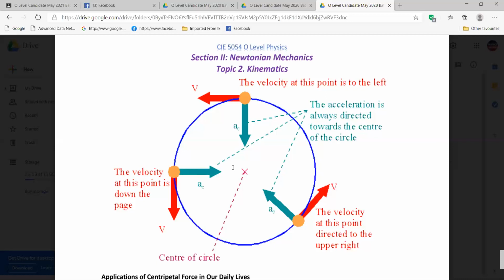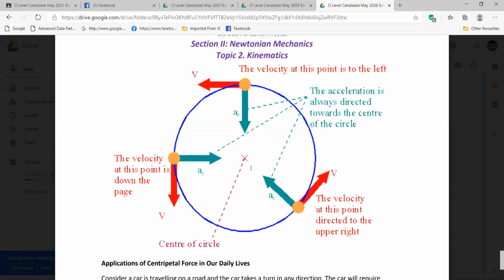The resultant force and centripetal force are the same thing; sometimes you say resultant force, sometimes centripetal force. According to Newton's second law, as the resultant force works towards the center of the circle, the acceleration will also work towards the center. Clear now?